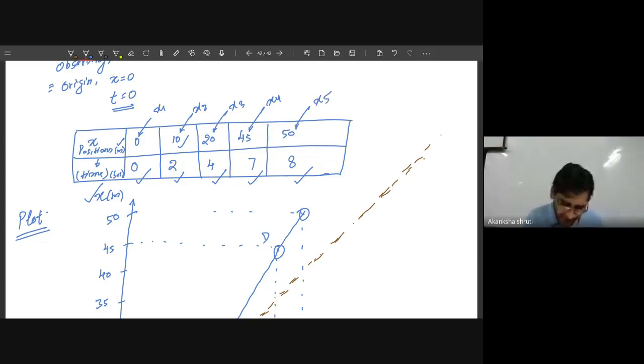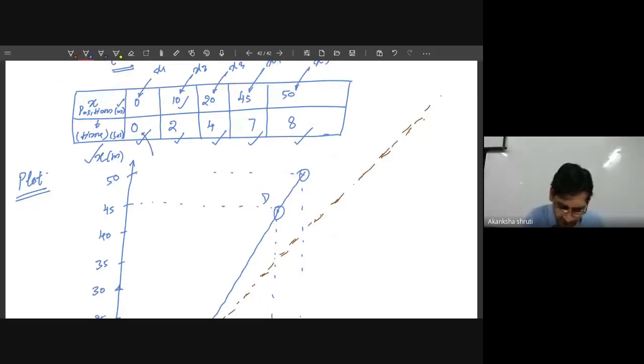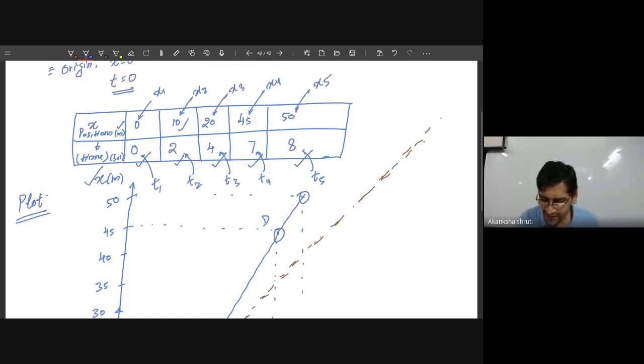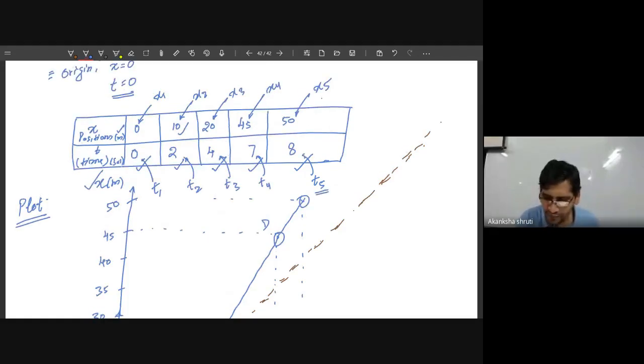Student, here t is equal to 0. This is our t1. This 2 is our t2. This 4 is our t3. This 7 is our t4. And 8 is t5. It means at t5 the body is at position x5. Okay, student?